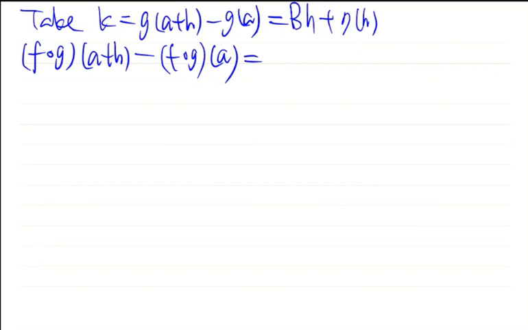This is the value of f at g a plus h. G a plus h is nothing but g a plus k. Our k is here. G a is b, so this is b plus k.